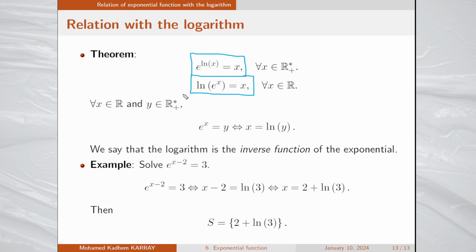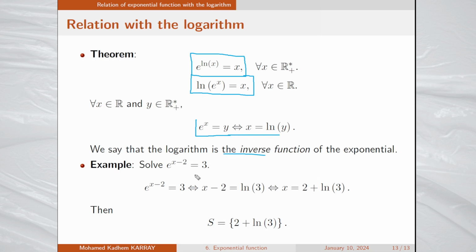In this case, we say that the exponential and the logarithm are inverse or converse one of each other. We say, for example, that the logarithm is the inverse function of the exponential, or the exponential function is the inverse of the logarithm. And indeed, if we try to solve exponential x equals y, it is equivalent to say that x equals logarithm of y.